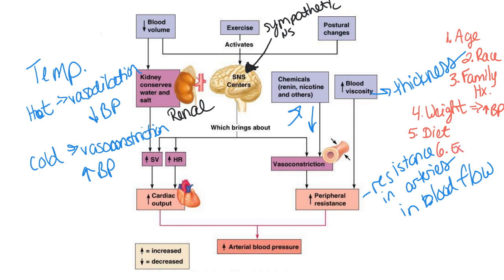Same with exercise. We've already kind of pointed out on our diagram that exercise will, in the moment, increase blood pressure. However, what exercise does, right, is exercise works our heart muscle. So basically, exercise is training our heart muscle, just like when we weightlift, right?